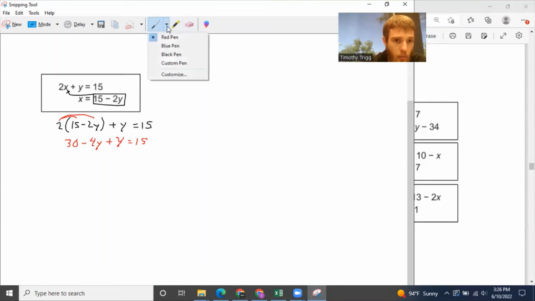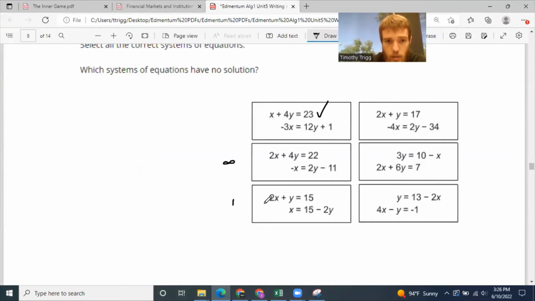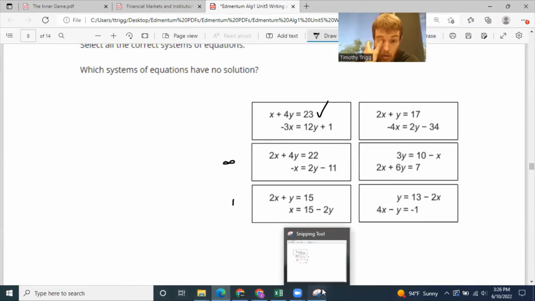We can combine our y's together. I'm also going to subtract 30 both sides. And then combine these. That's negative 3y equals negative 15. Here I'm actually going to find a value for y. So this one actually has a single solution. Okay, next one.